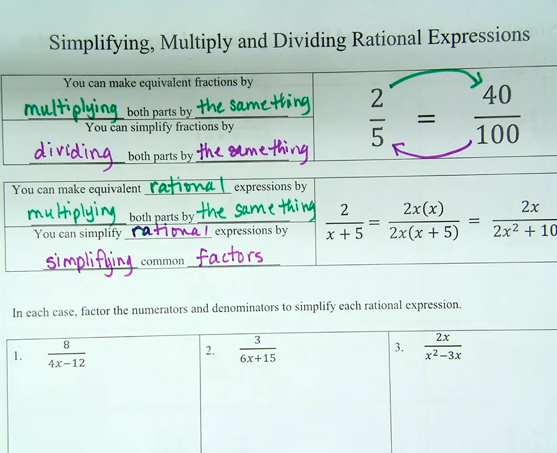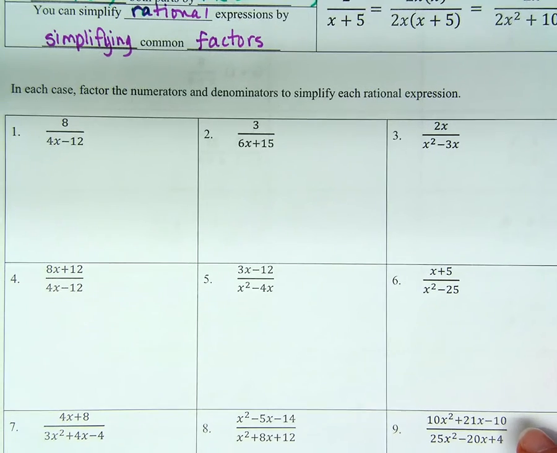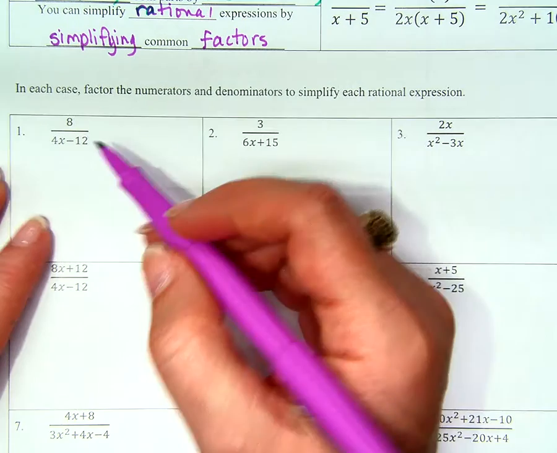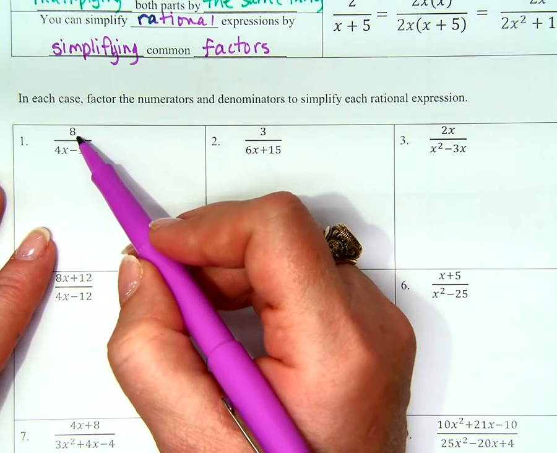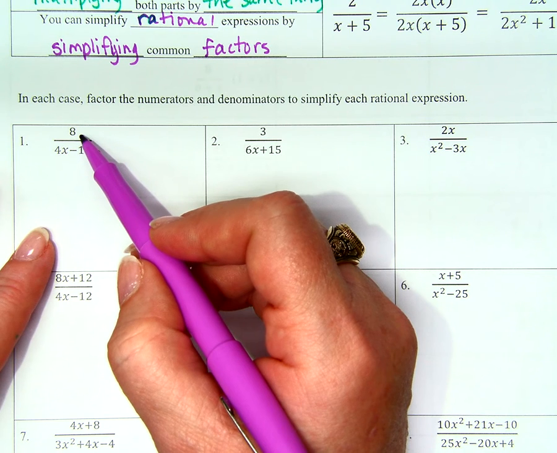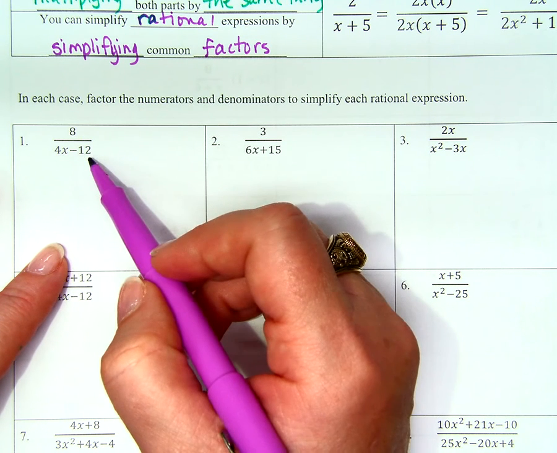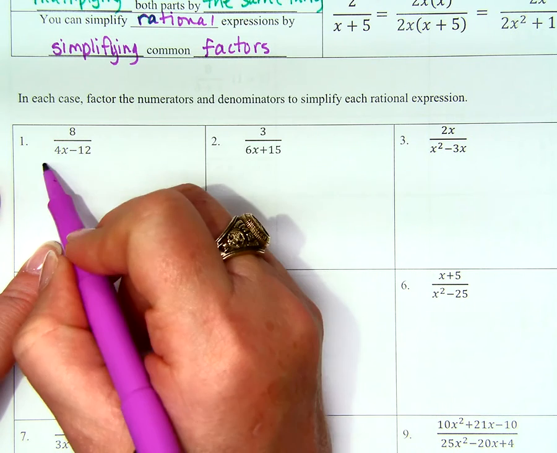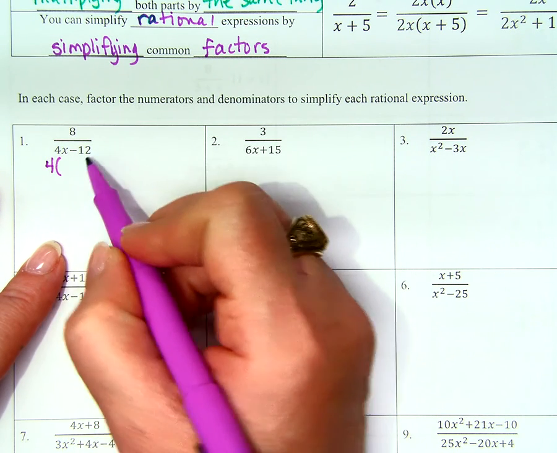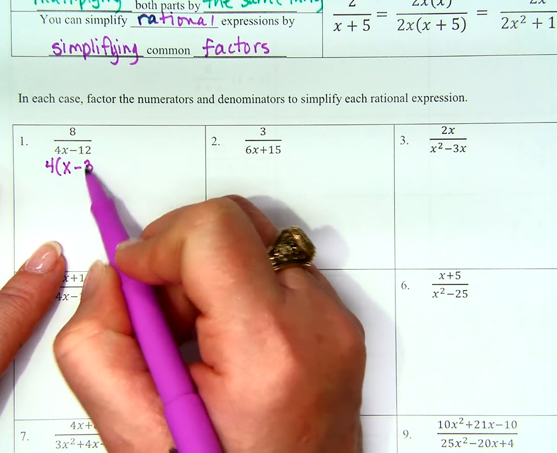Okay. So we're going to start off really kind of slow and easy. What do you got? Can I simplify the numerator here? No. Can I simplify the denominator? Yeah, because they're both divisible by what? 4. If I divide a 4 out of each term, what are you left with? X minus 3.